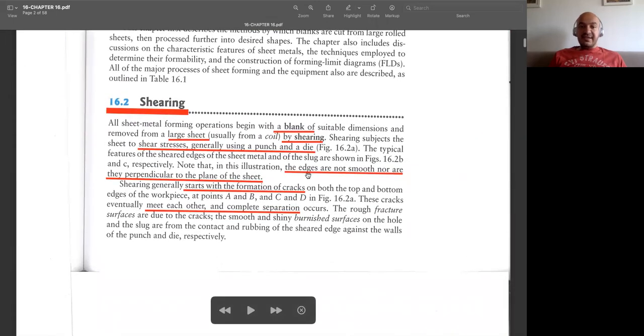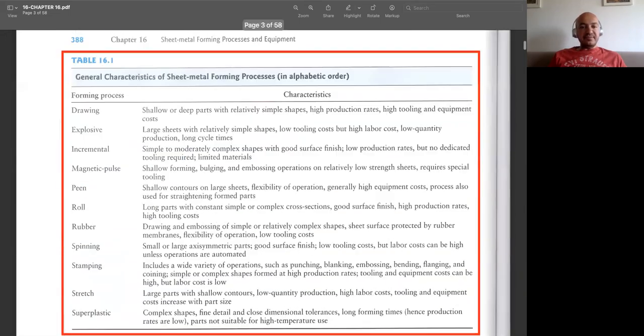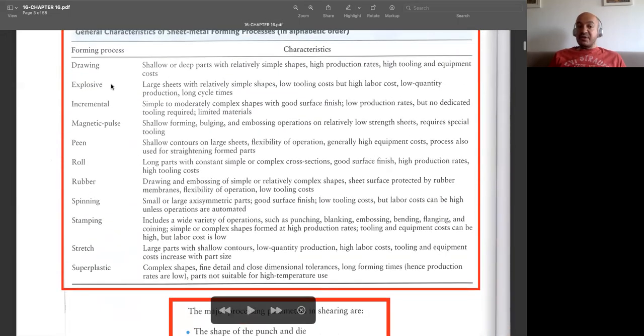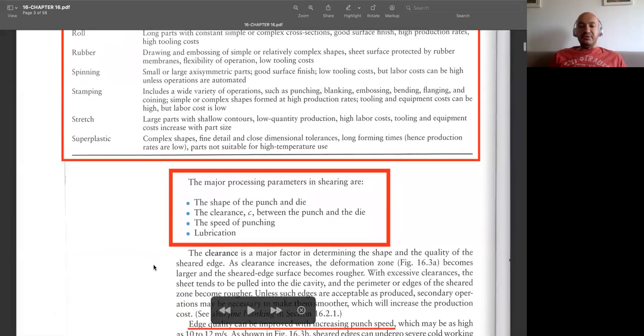These are the things I discussed. We have cracks, and once these cracks meet, the process is completed. In this chapter, as you see, we will discuss many operations. These are all sheet metal operations, and make sure that you review this part after the chapter is over.